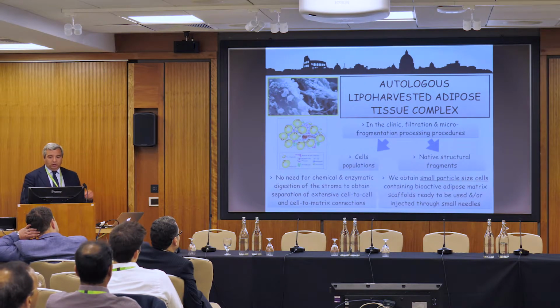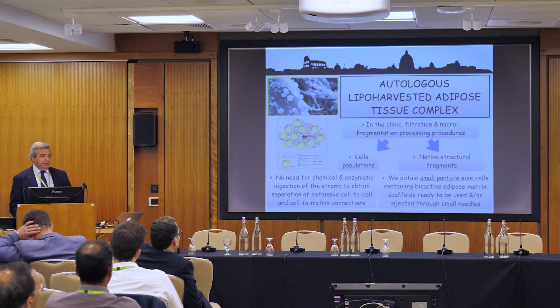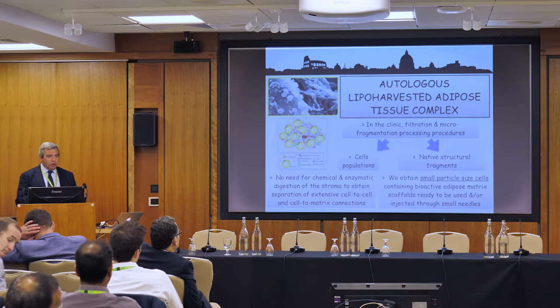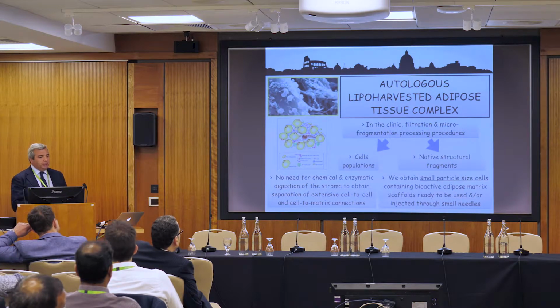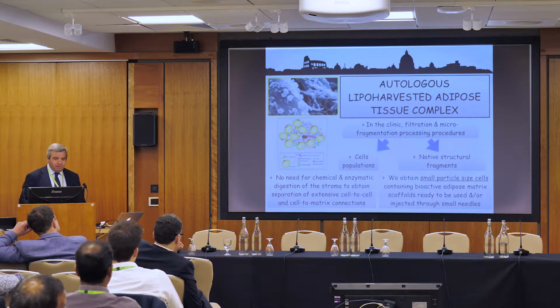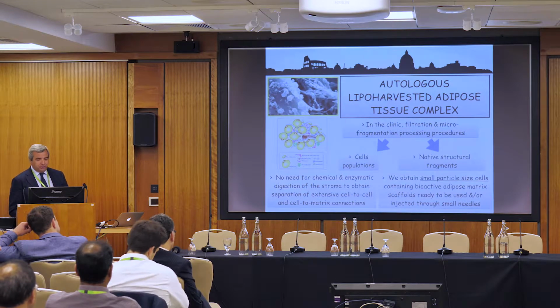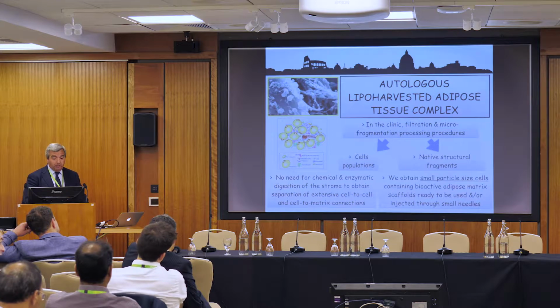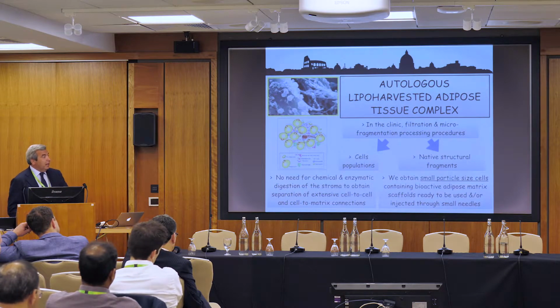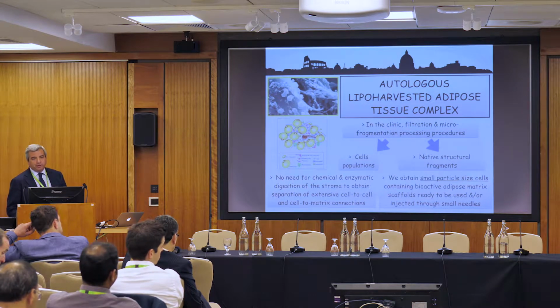Going to the clinic, what happens? We have been able to apply what we knew from basic research just when we were able to understand that we didn't need enzymatic systems to obtain the tissue, but we could obtain it by filtration and microfragmentation processing. And so this enables us to have two things: cell populations and native structural fragments.